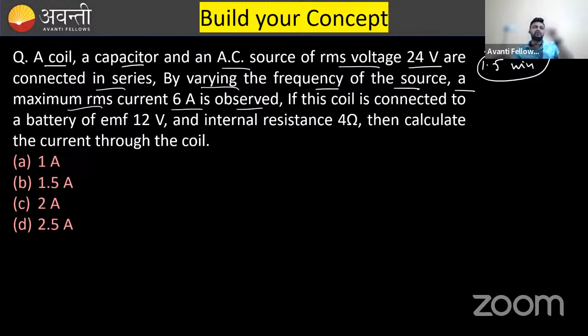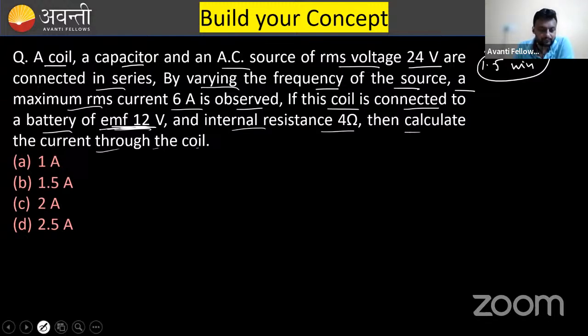Now you are changing the source frequency and a maximum RMS current of 6 ampere is observed. Now read the question again. If this coil is connected to a battery of EMF 12 volt, now they are connecting it with the DC, and internal resistance 4 ohm, then calculate the current through the coil.